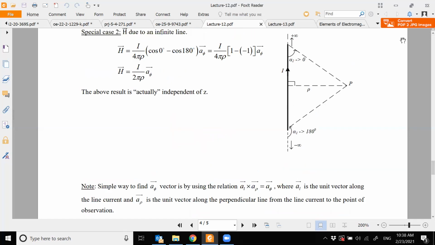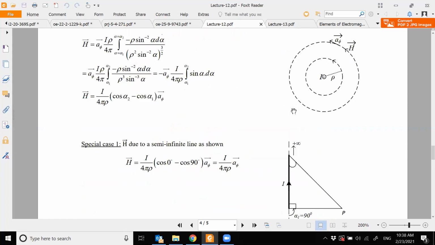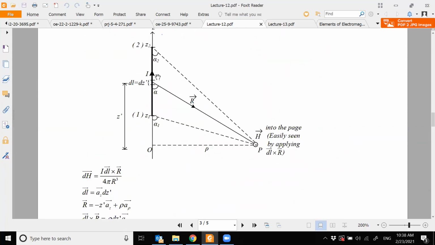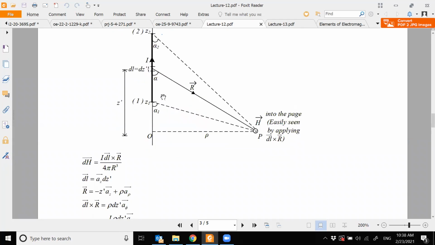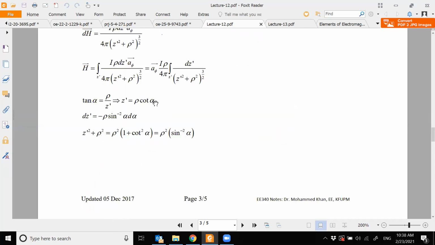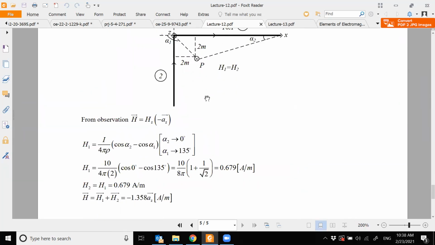No, see here, it is AZ positive. Oh, okay, sorry. Positive. That means it is going upwards. Yes.